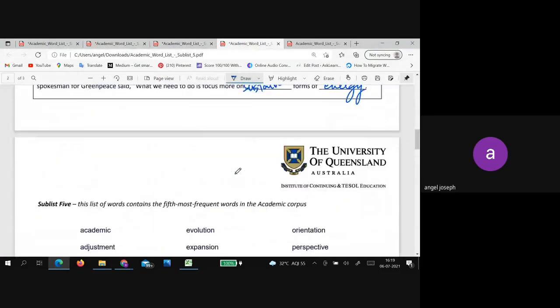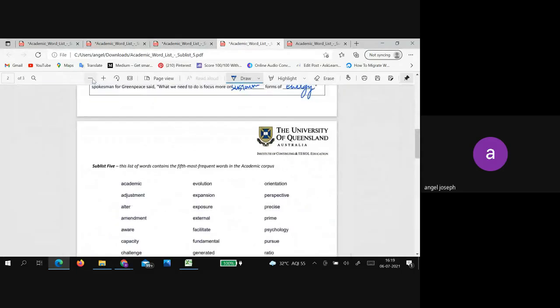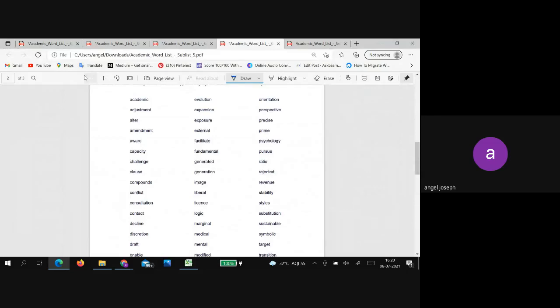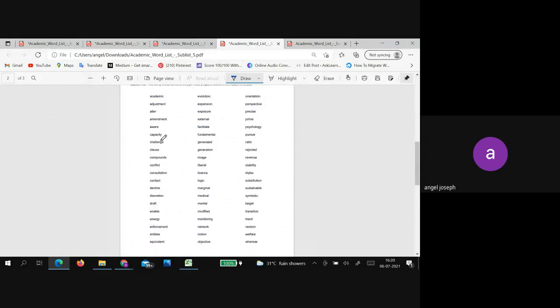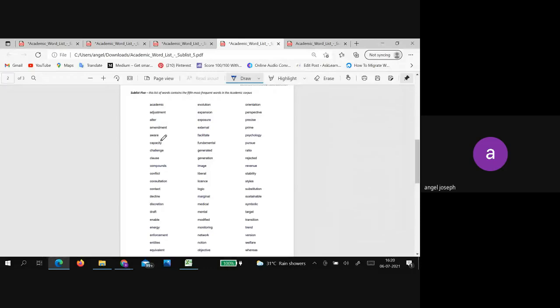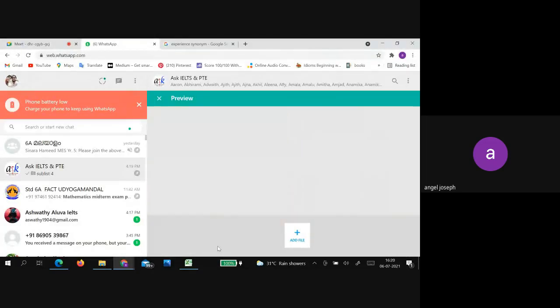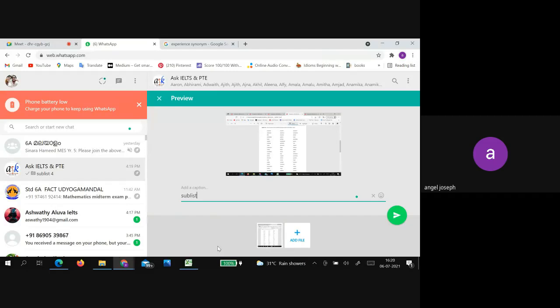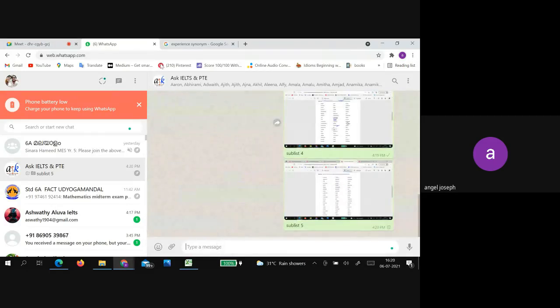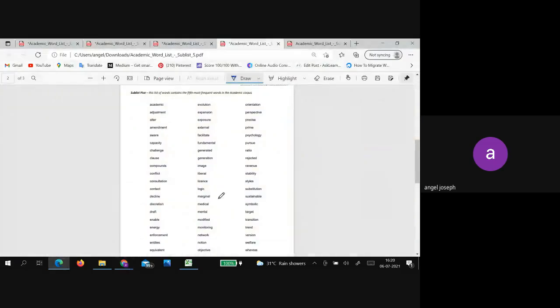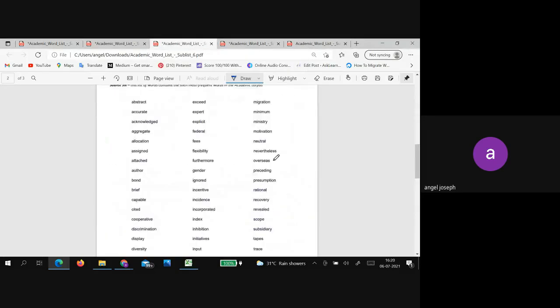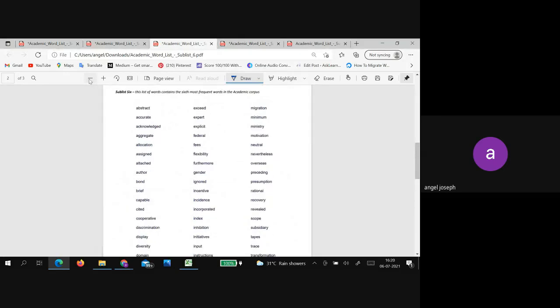This is 5. Yes, I've got sublist 5 here, and then the screen. Let me just put it in the group. This is sublist 5. And one more to go. That is sublist 6. I'm putting 6 and 7. I have just given you 7 for homework. This is sublist 6.